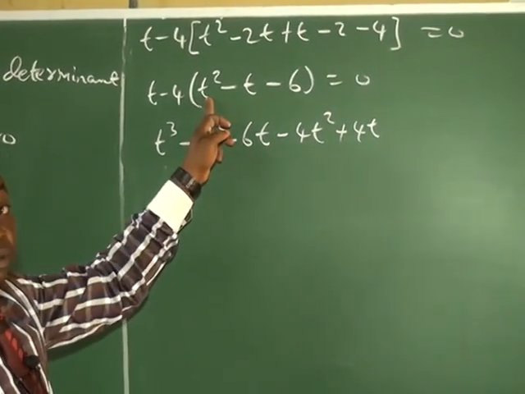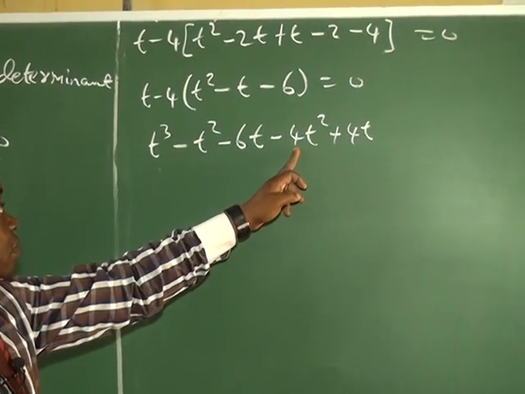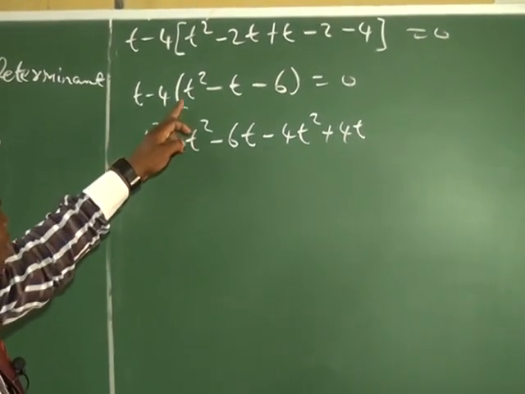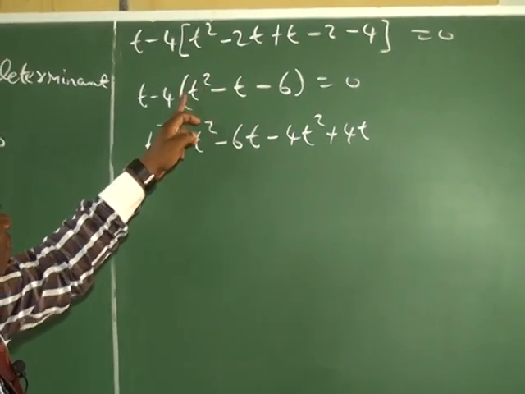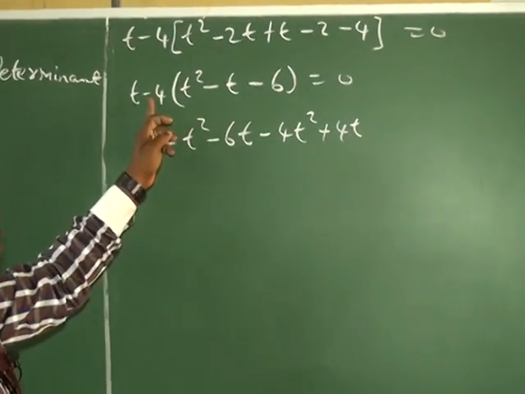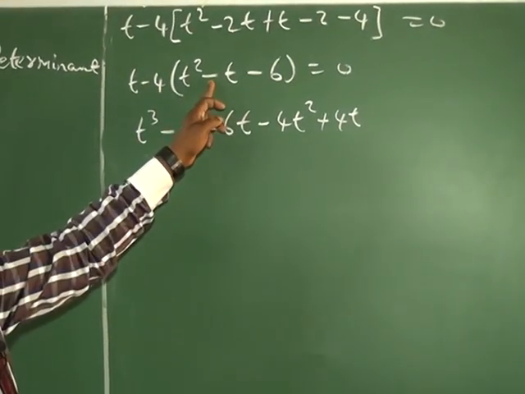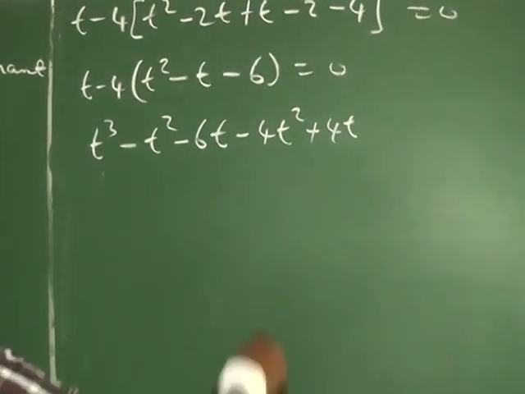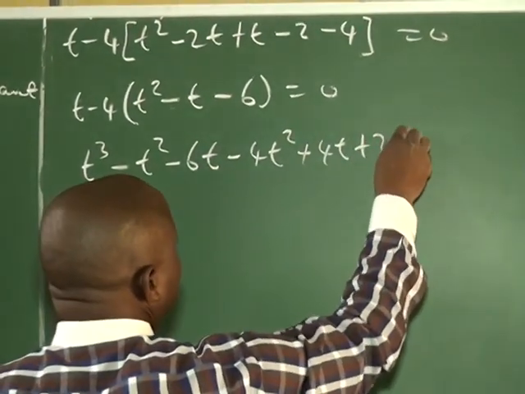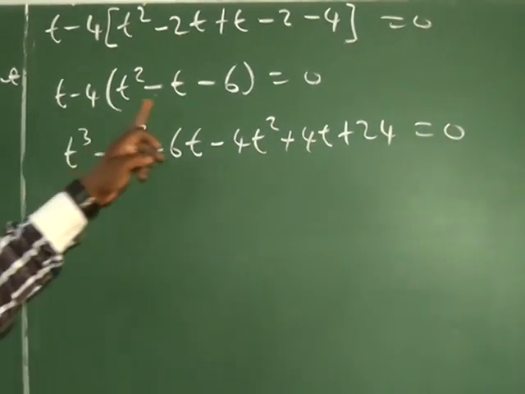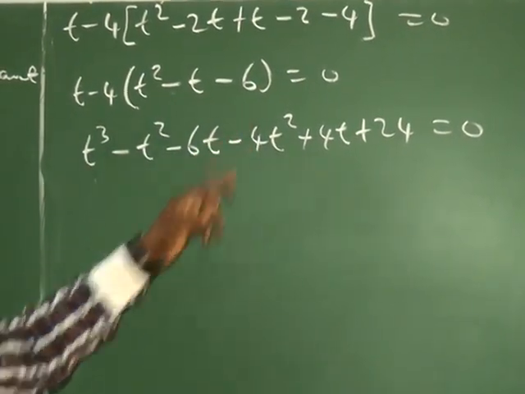Minus 4 times 2t gives us minus 4t squared. Minus 4 times t squared gives us minus 4t squared. Minus 4 times minus t gives us plus 4t. Okay, so plus 24 equals 0. That is minus 4 times minus 6.